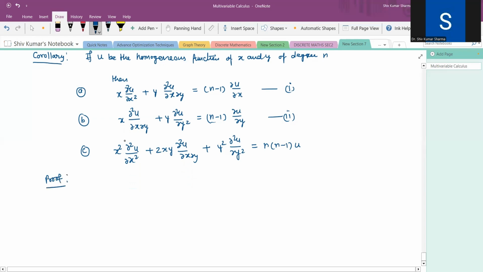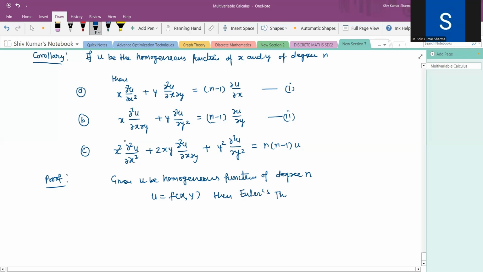So here is the proof. We have written there that u is a homogeneous function of degree n. So we write u = f(x, y). Then we shall prove this by using Euler's theorem.